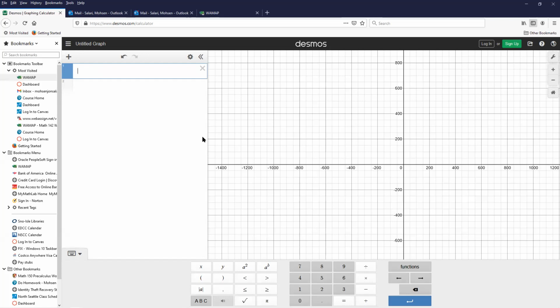So what I had was 2x squared, remember, I'm using x instead of w, but it doesn't matter. Parenthesis, 25 over x, and then minus x over 3.